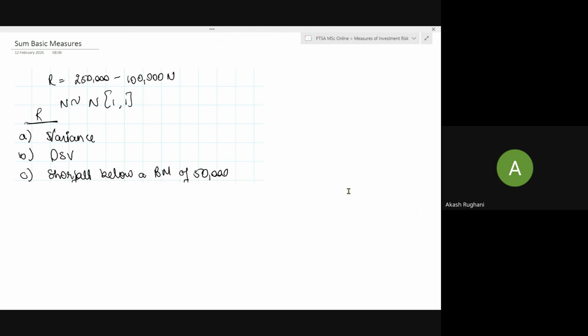I have to find for R the variance, downside semi-variance, and shortfall below a benchmark level of 50,000.